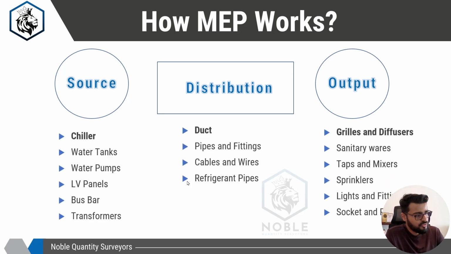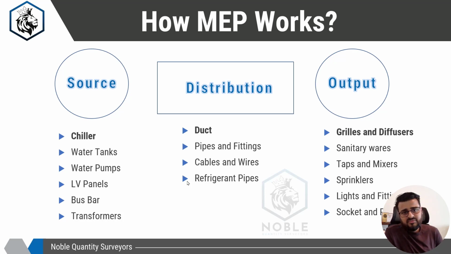What will the source be? It can be chillers, water tanks, water pumps, LV panels, bus bars and transformers. We will discuss these sources in detail, and the technical details, in our upcoming lectures. The next is the distribution.